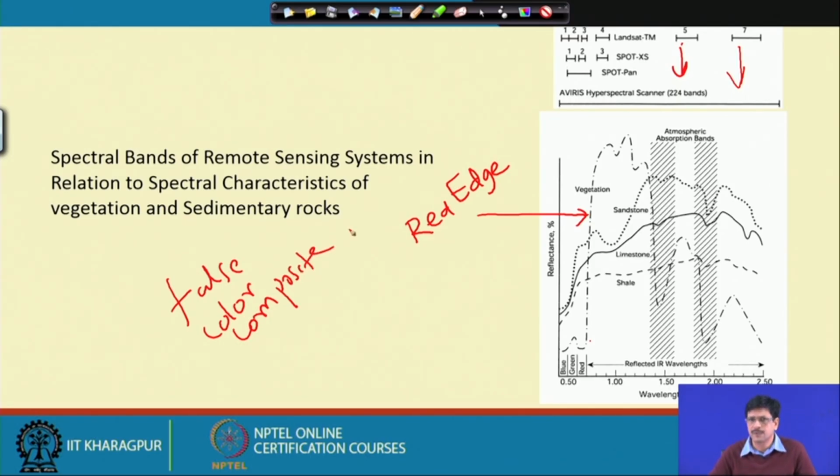We assign a combination of the blue, green and red fundamental colors.